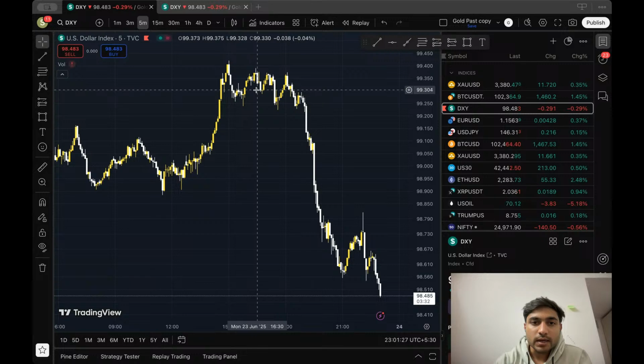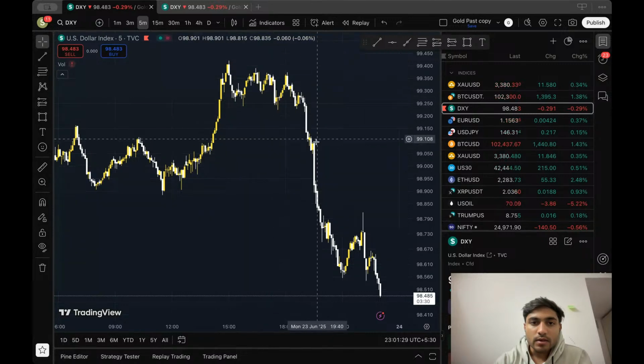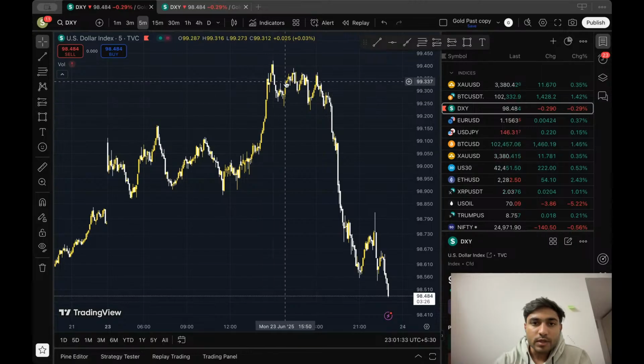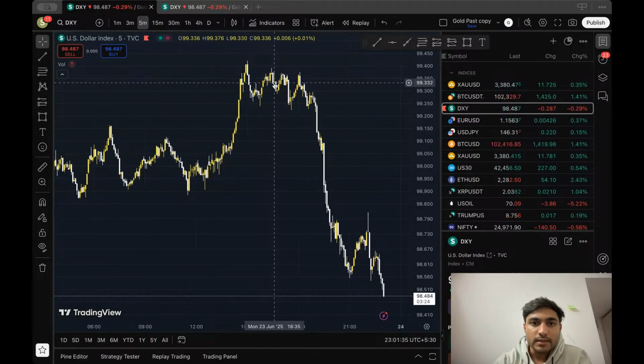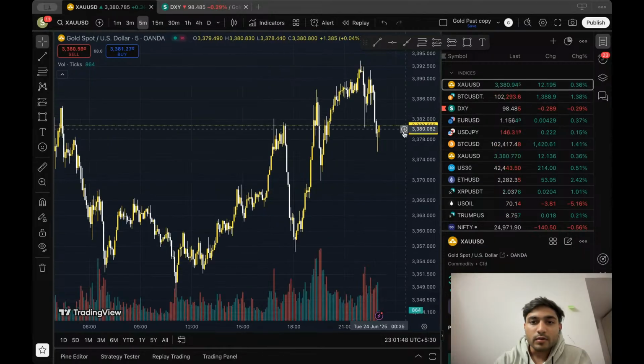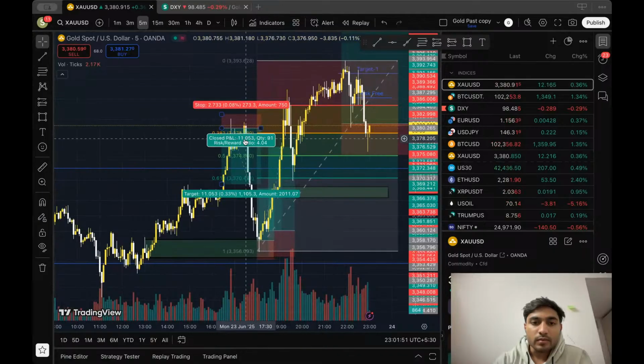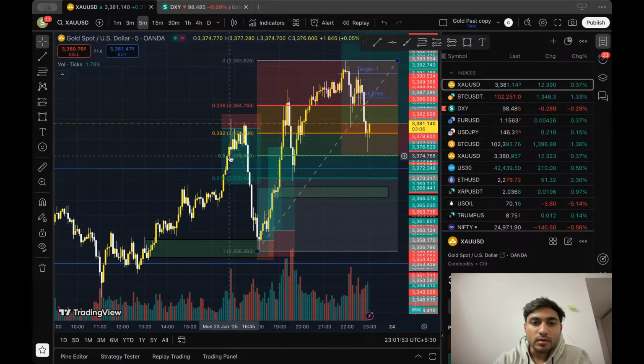See, this candle at 16:30, gold has increased by this much, and you have a little red candle here, and a little green candle, then a little red candle, then positive from 4:45 to 5 o'clock. If you see gold at the same time, what is it doing?